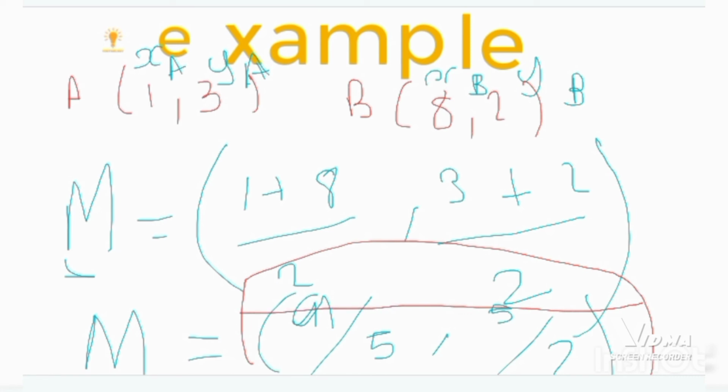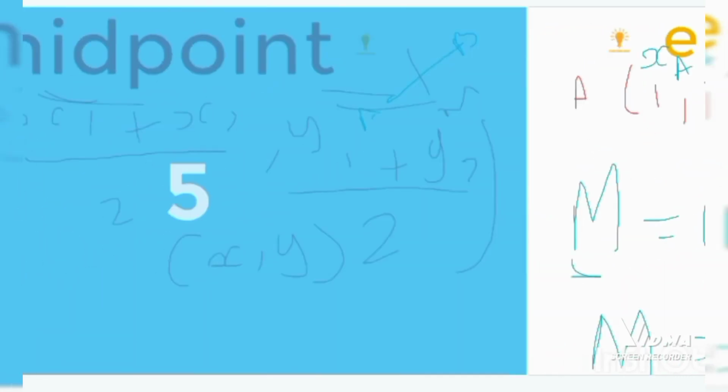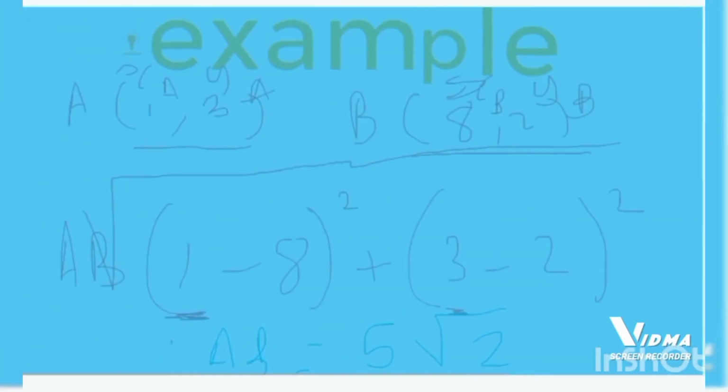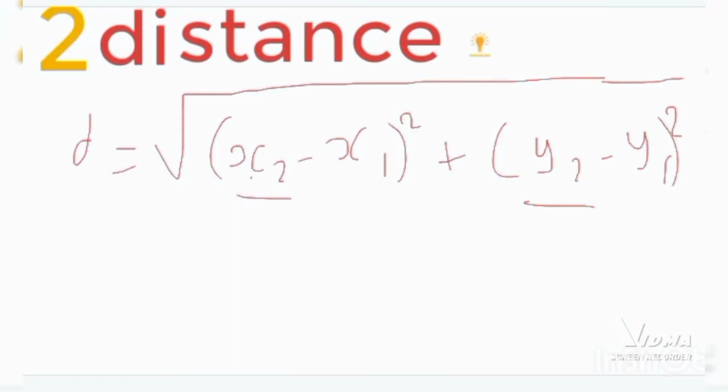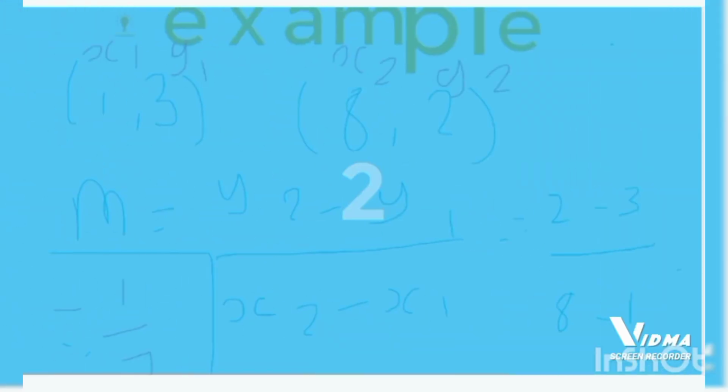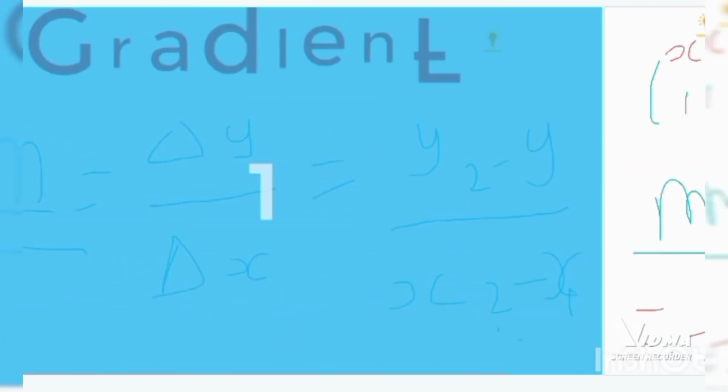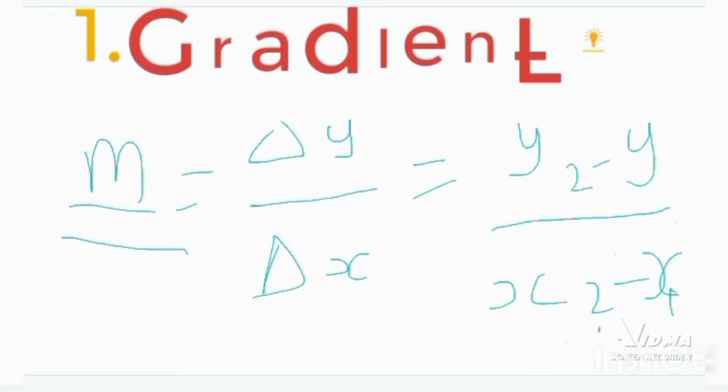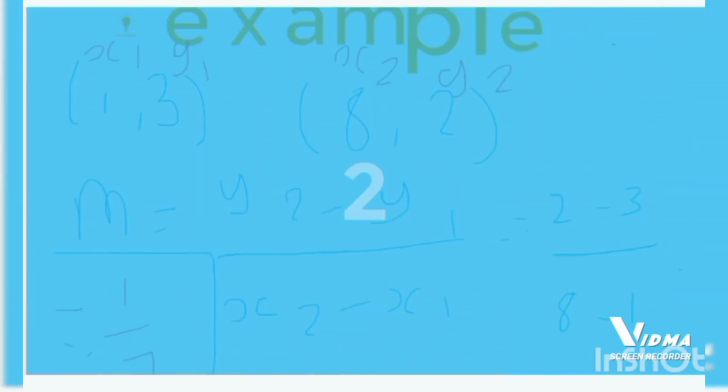So let us do a quick recap. Okay, so we did the gradient, which is represented by a small letter m, and the formula is change in y over change in x. Arrange your points first, then substitute them into the formula.